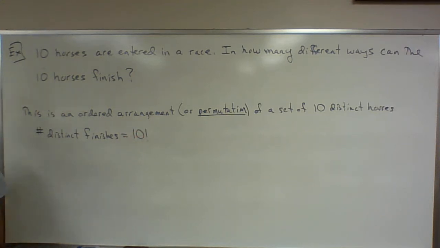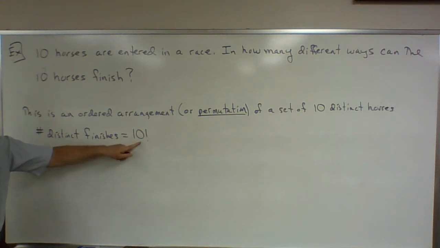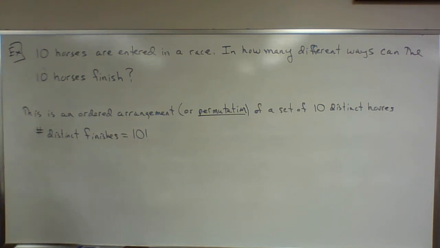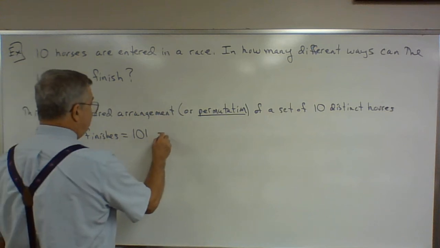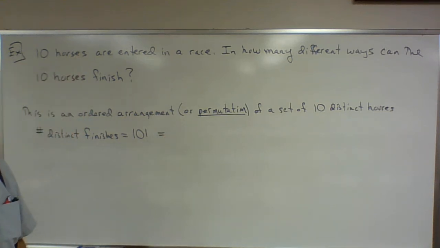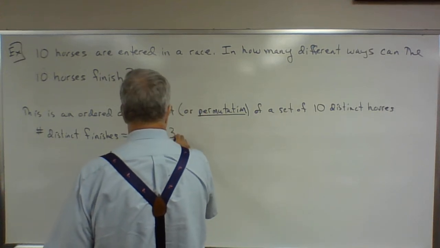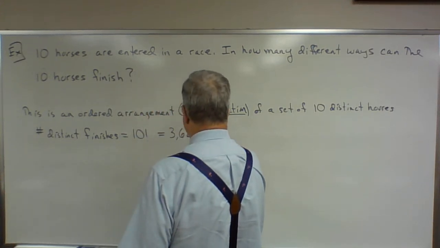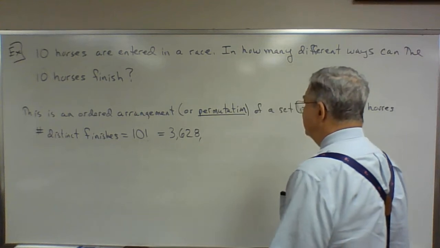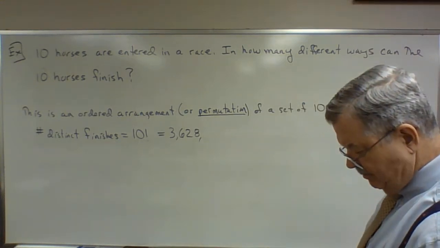We have 10 horses. There are 10 factorial permutations of how they can be ordered or how they can finish. And son of a gun, let's see, do I know what this equals? $3,628,800.